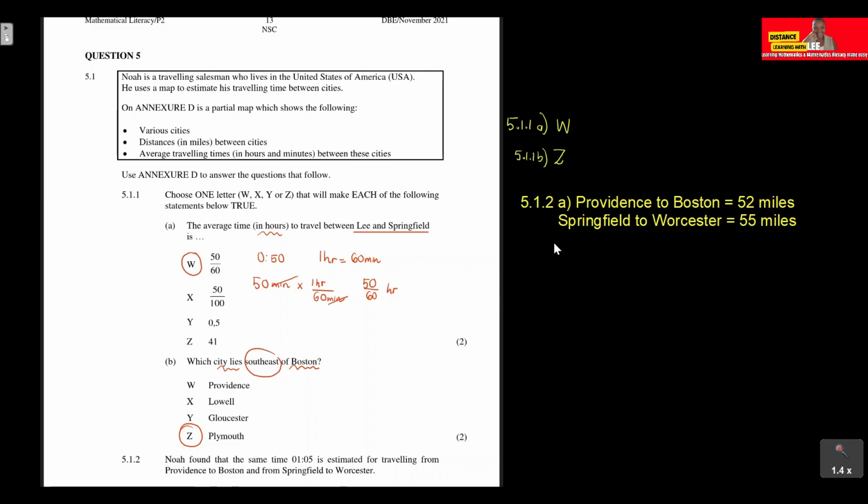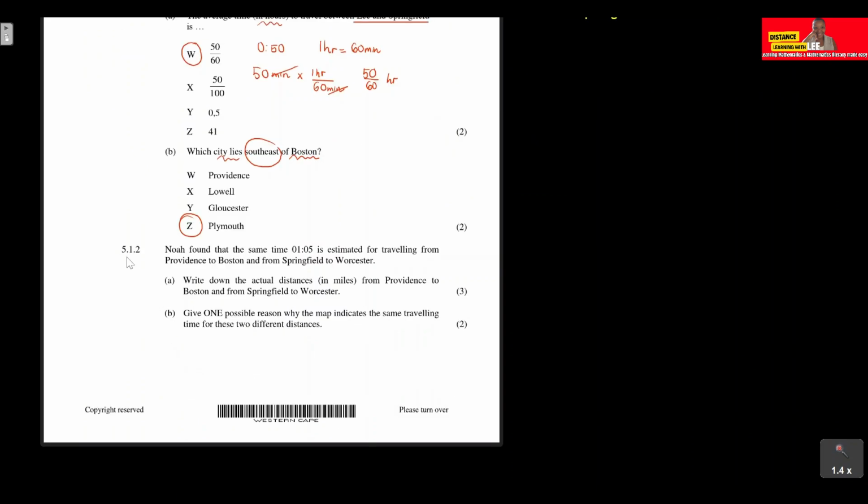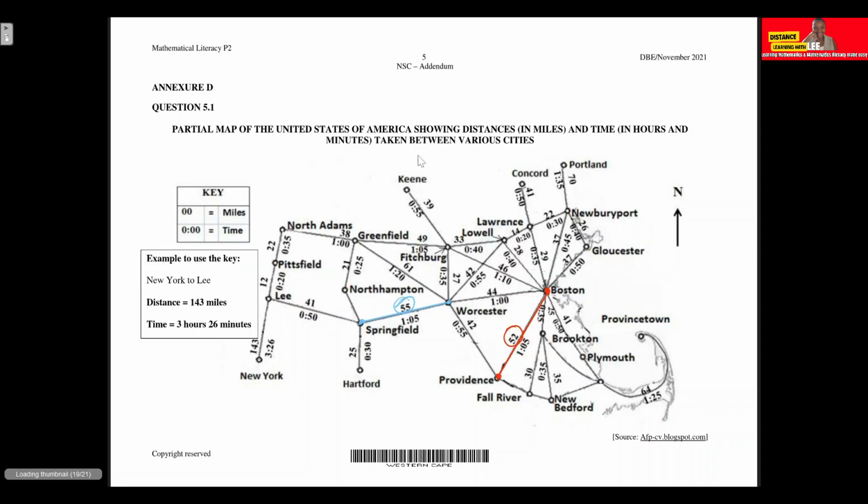This is question 5.1.2a. All right, let's have a look at the next question. Question 5.1.2b: give one possible reason why the map indicates the same traveling time for these two different distances. From Springfield to Worcester, the traveling time is 1 hour and 5 minutes. From Boston to Providence, the traveling time is also 1 hour and 5 minutes.